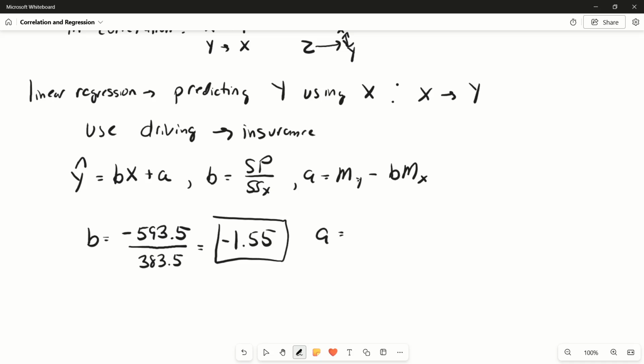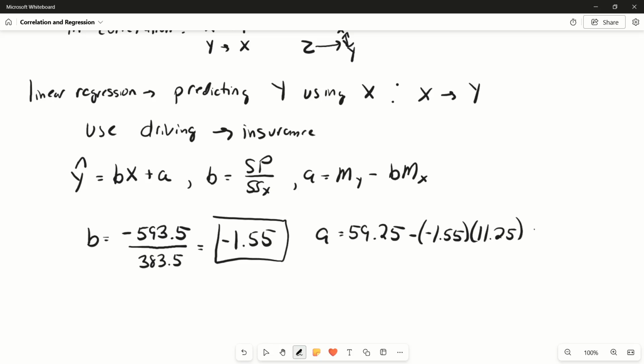The y-intercept, we've got to calculate the mean of y. The mean of y is 474 divided by 8, which gives us 59.25. That's the mean of y, minus the slope, which is negative 1.55, times the mean of x, which is 90 divided by 8, turns out to be 11.25 for the mean of x.